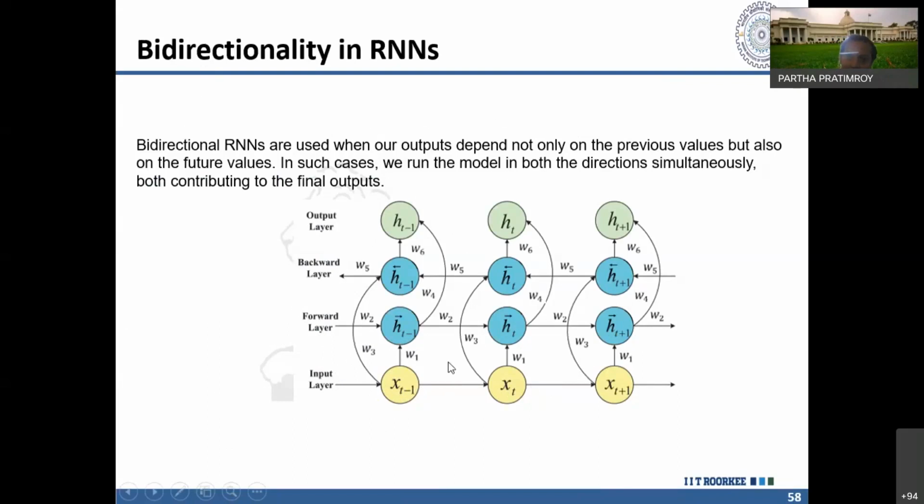Bidirectional means, for example, a sentence: I am going to school, five steps. The first recurrent neural network processes it in the order which comes from the forward direction.